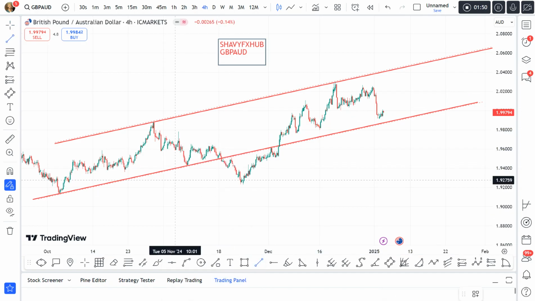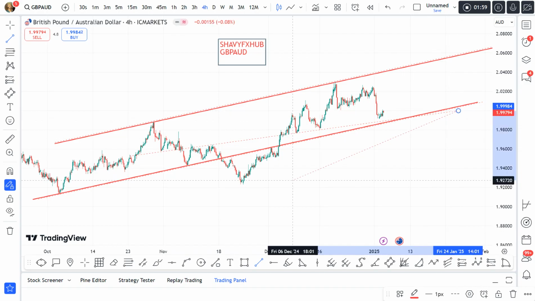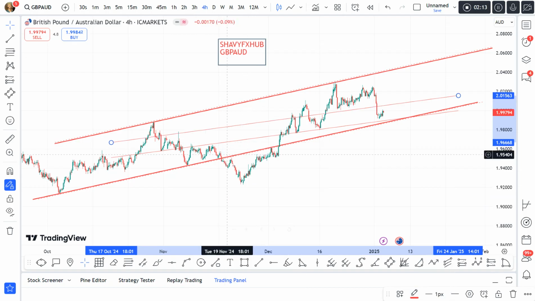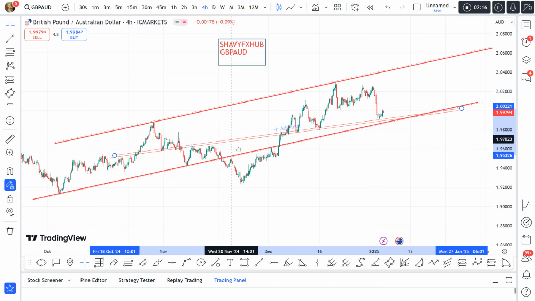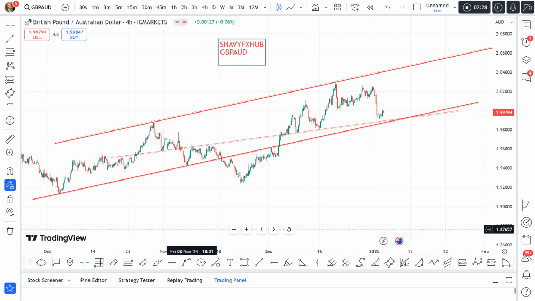Then we have another break of structure at this level. So we're going to use another strategy to see.